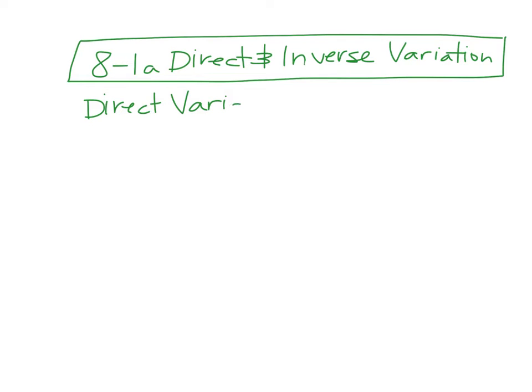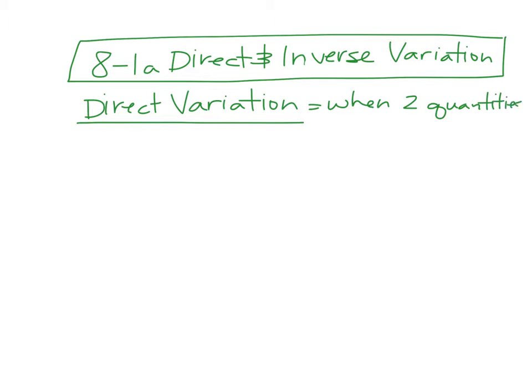Direct variation. Direct variation is when two quantities change in the same direction.